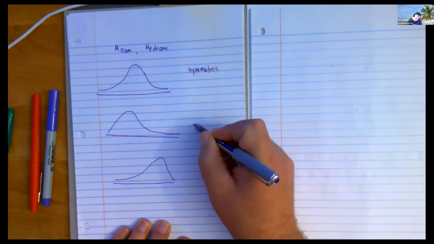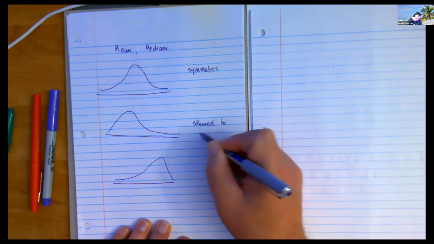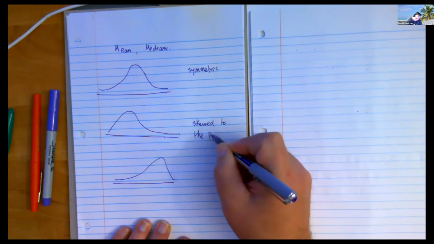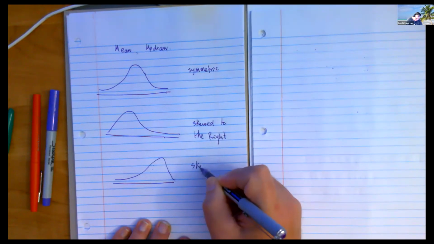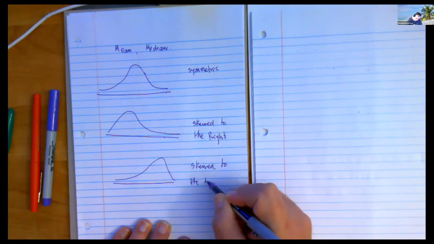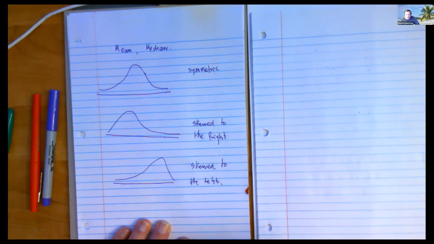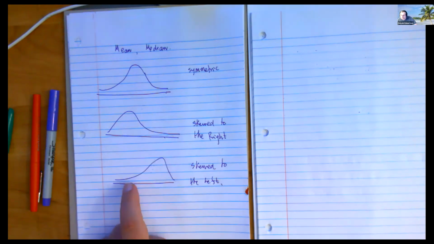This here is called skewed to the right. And this guy here is called skewed to the left. Can anyone remember the shortcut for how to remember that this is called skewed right and this one is called skewed left? Because it's easy to mix the 2 names up, isn't it?